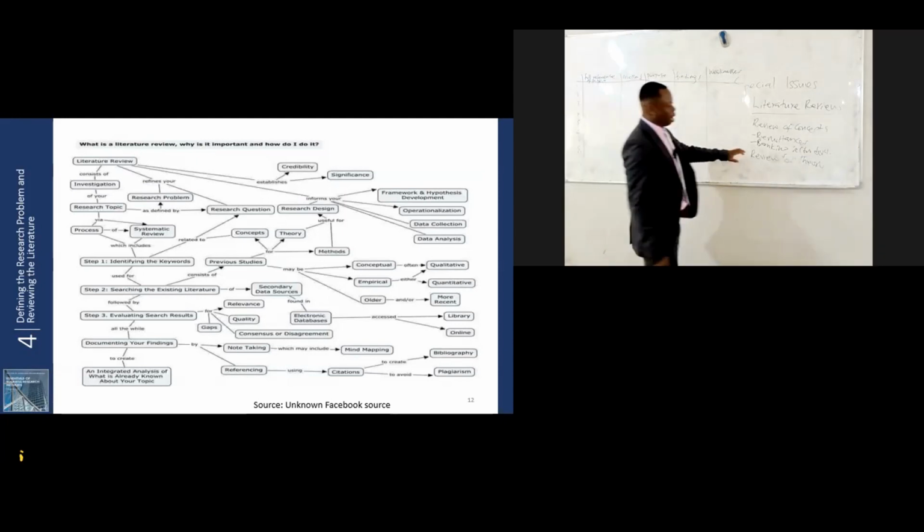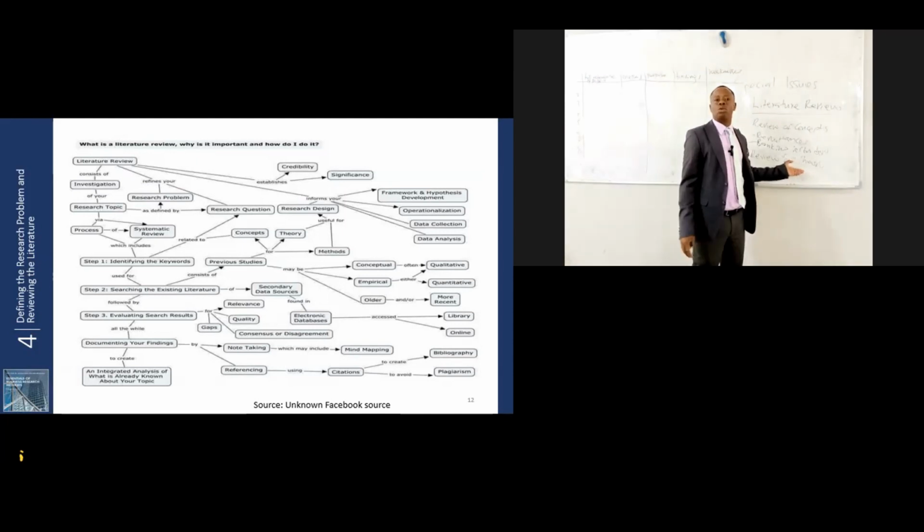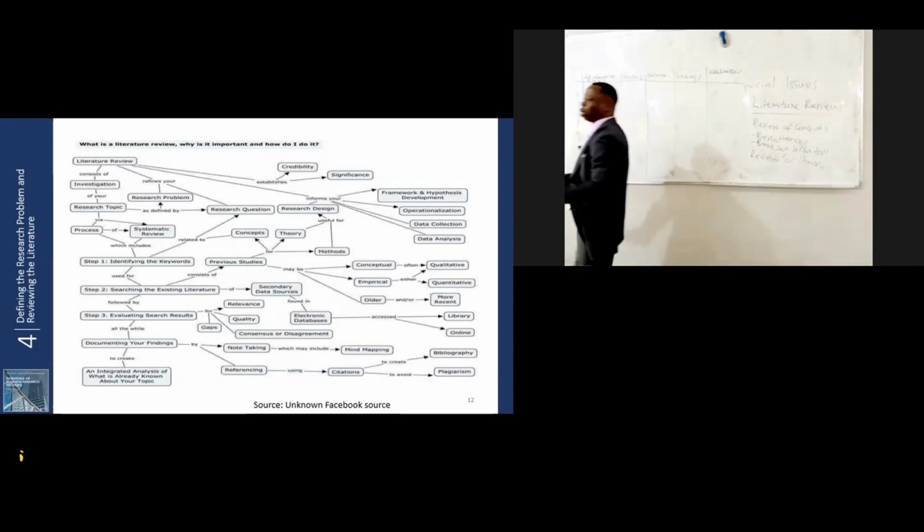And we found that this is really a big problem for most student researchers. You tell them to do a literature review of theory, and they just go and review the theories without even drawing a link between the theory and their topic.